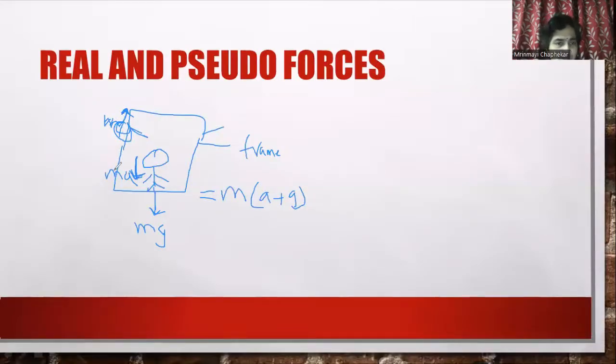Similarly, जर lift ऍक्सलरेशन a ने downward accelerate झाली असती तर this person would have experienced a pseudo force ma in upward direction. And in that case, the weight that we would have measured on the weighing scale would have been mg minus ma.